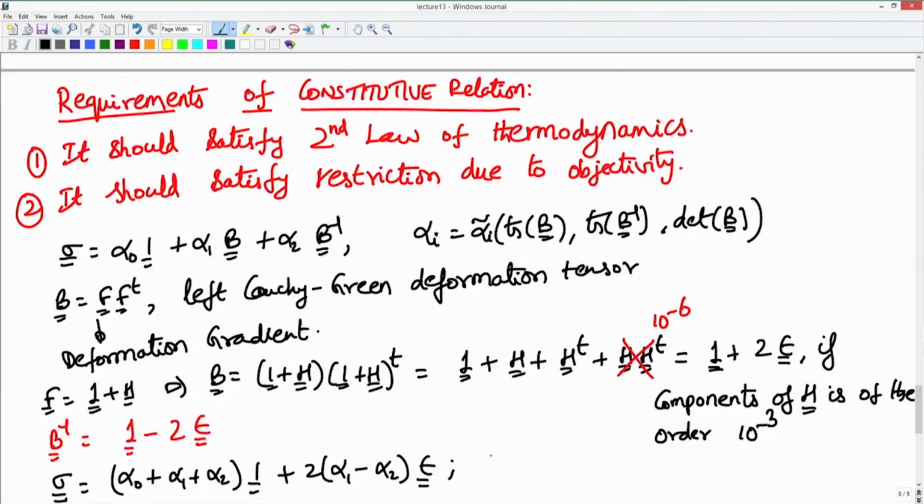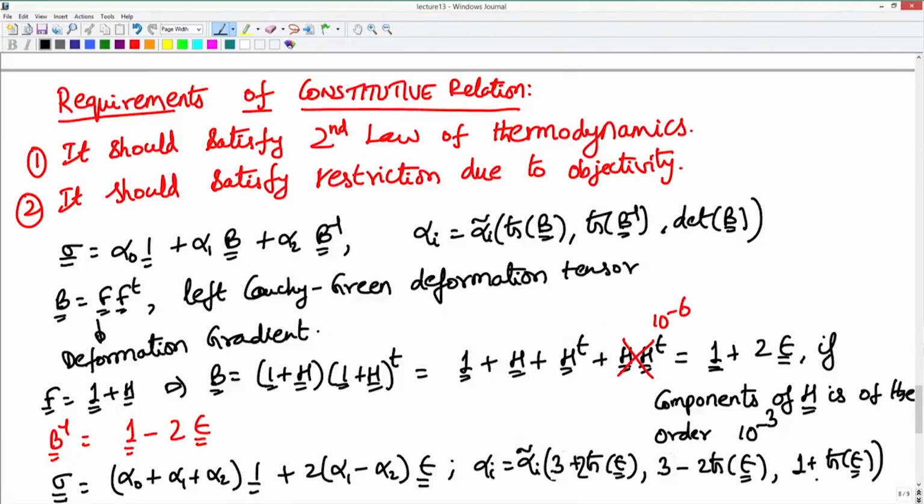Okay. So, the alpha i's are functions of trace of B, that will be 3 plus 2 times trace epsilon, trace of B inverse, which will be 3 minus 2 times trace epsilon, and determinant of B can be shown to be 1 plus trace of epsilon. Okay. This is nothing but determinant of B.